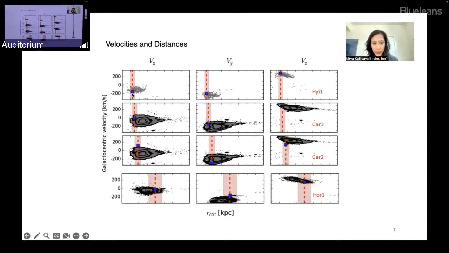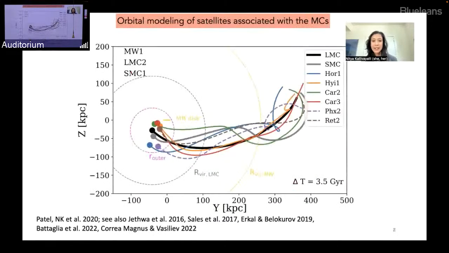And then the colored points, blue and red, actually show the measured velocity and distance of these three satellite galaxies. And this is how they were identified as coming in with the LMC.